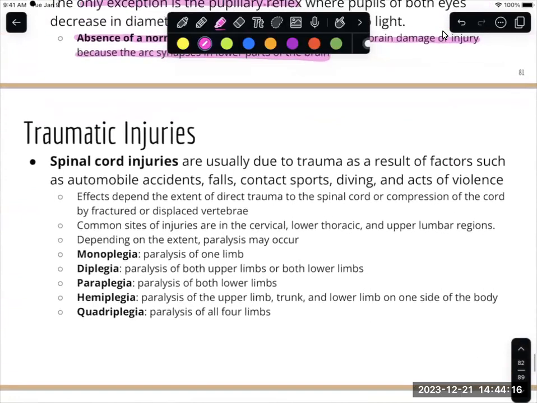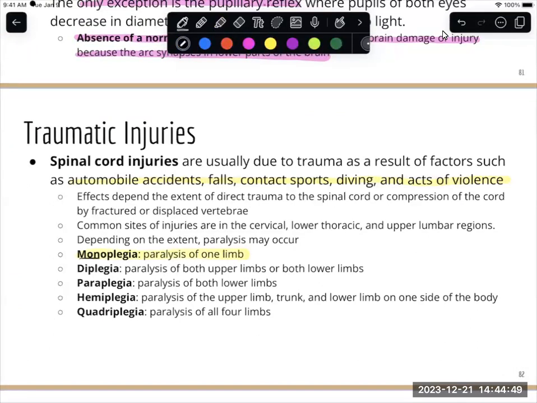So let's look at some different spinal cord injuries. So there's a lot of different things that can cause spinal cord injuries. Automobile accidents, falls, contact sports, diving, violence. And depending on where the damage is in the spinal cord will determine what will work. Someone who has monoplegia means they have paralysis of one arm.